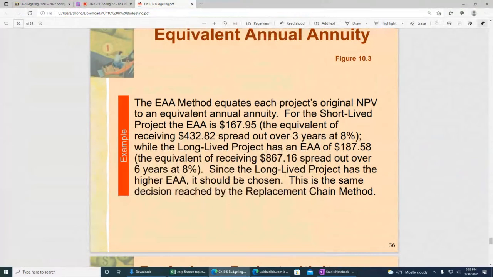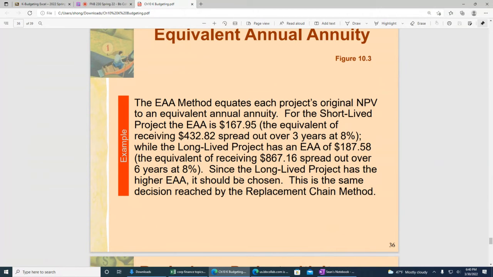So let's take a look at this example. The equivalent annual annuity method equates each project's original NPV to an equivalent annual annuity. For the short-lived project, EAA is 167.